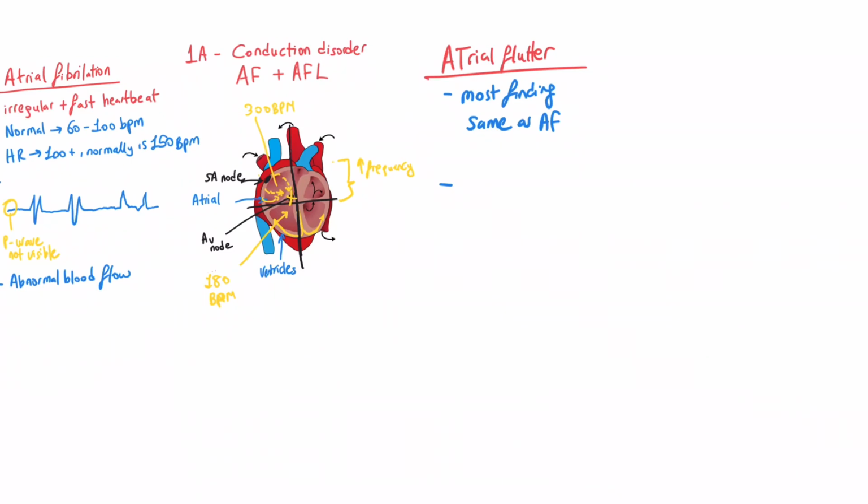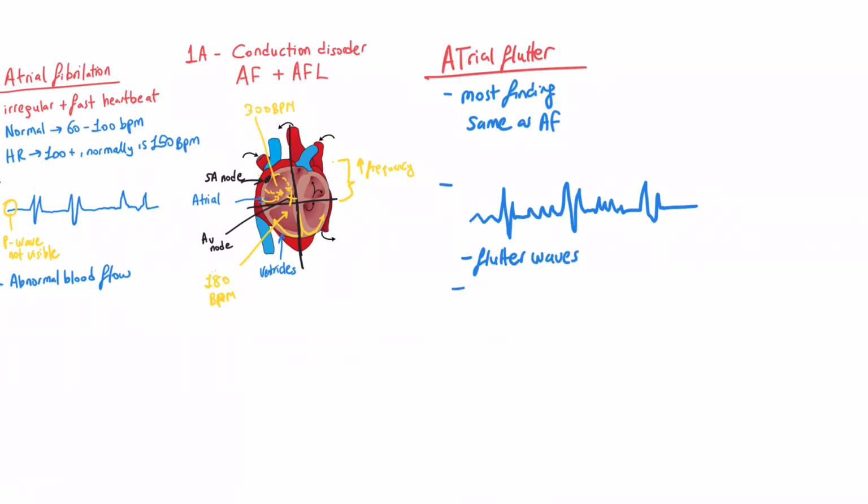So let's just have a simple illustration. If we do a flutter type ECG, you have the QRS, flutter type wave, QRS, flutter wave, QRS. So what I'm trying to say is that you can see the flutter, it's kind of like a flutter type wave.